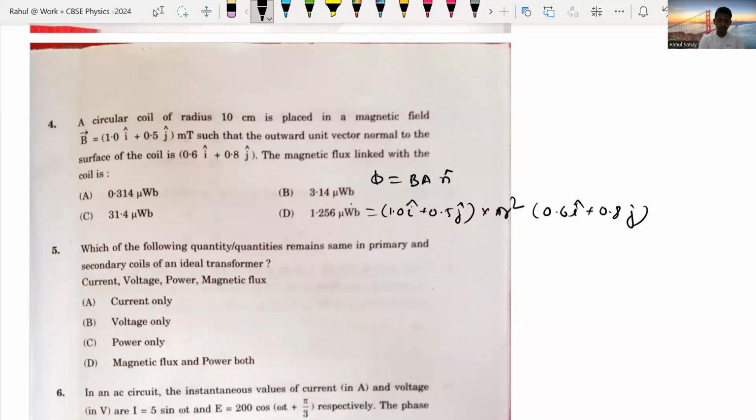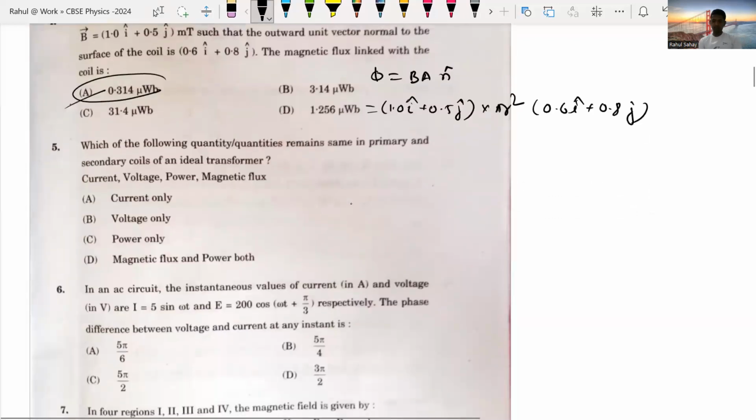You can find it, I think you will get this answer. So just find the dot product and multiply by pi R square. Question 5: which of the following quantities remains the same in the primary and secondary coil of the transformer? So for an ideal transformer, power P input is equal to P out. So this is the correct answer.